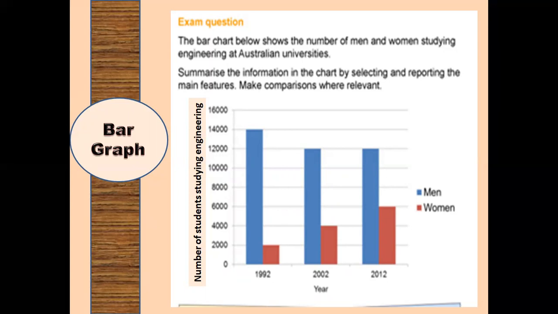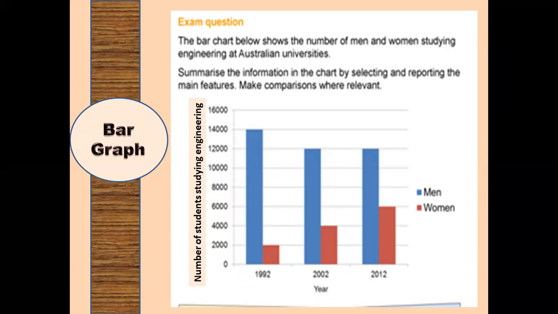On the X axis, you can see the number of students studying engineering. It starts from 0 to 2000, then 4000, 6000, 8000, 10,000, 12,000, 14,000, and last 16,000. Now observe this bar graph very carefully to reach your description.